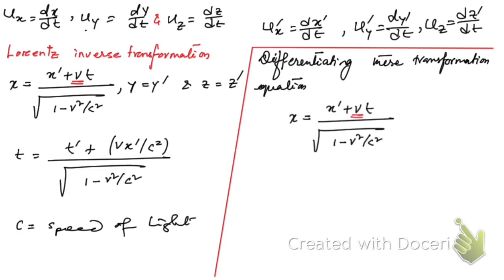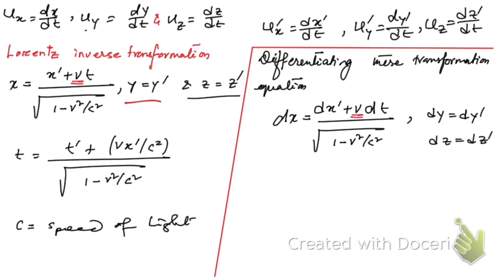So this is one transformation equation. If we differentiate both sides, here dx will be equal to dx dash plus v, which will be taken as constant, times dt, and that's it. This term will be taken as constant as well, right? Similarly, if we take this equation, then here we're gonna get dy is equal to dy dash, and similarly for this one, dz will be equal to dz dash.